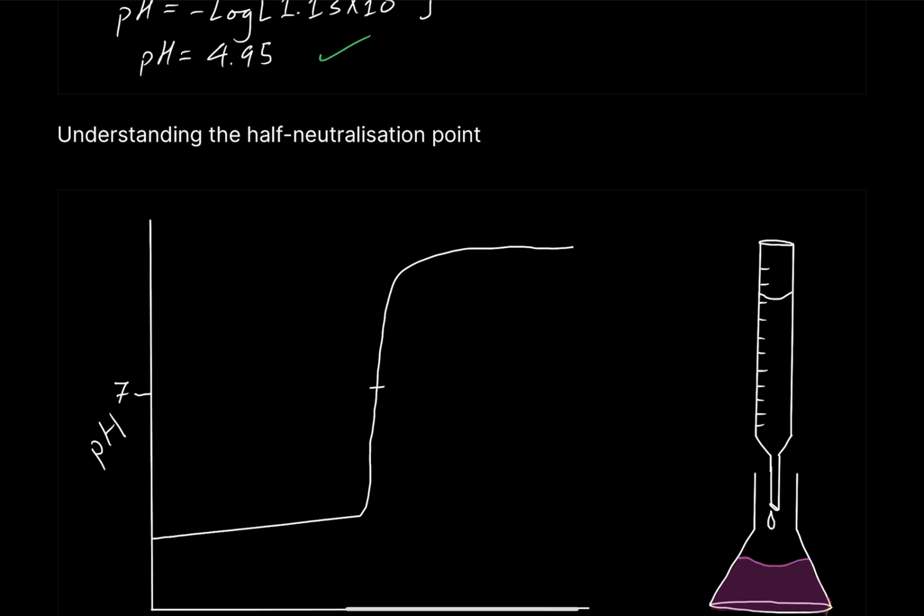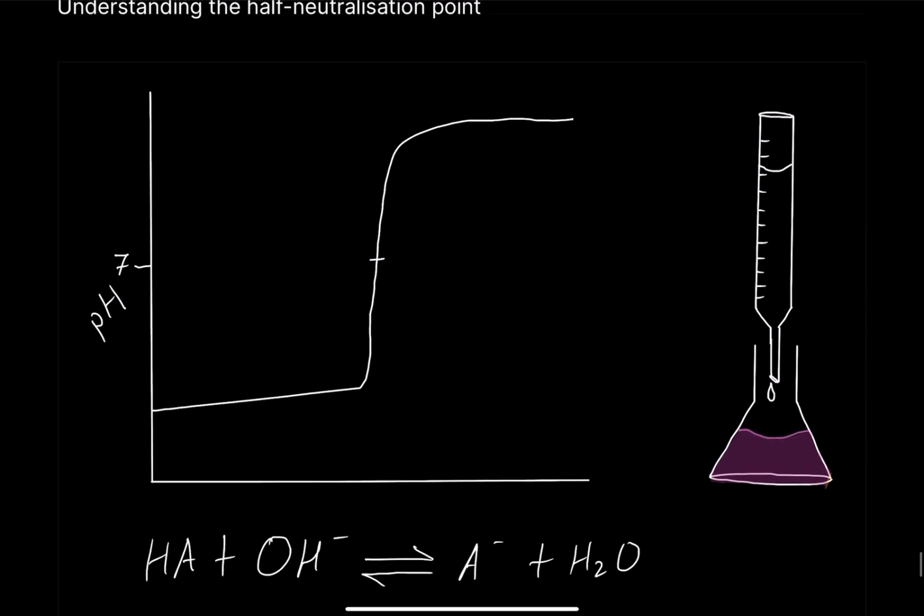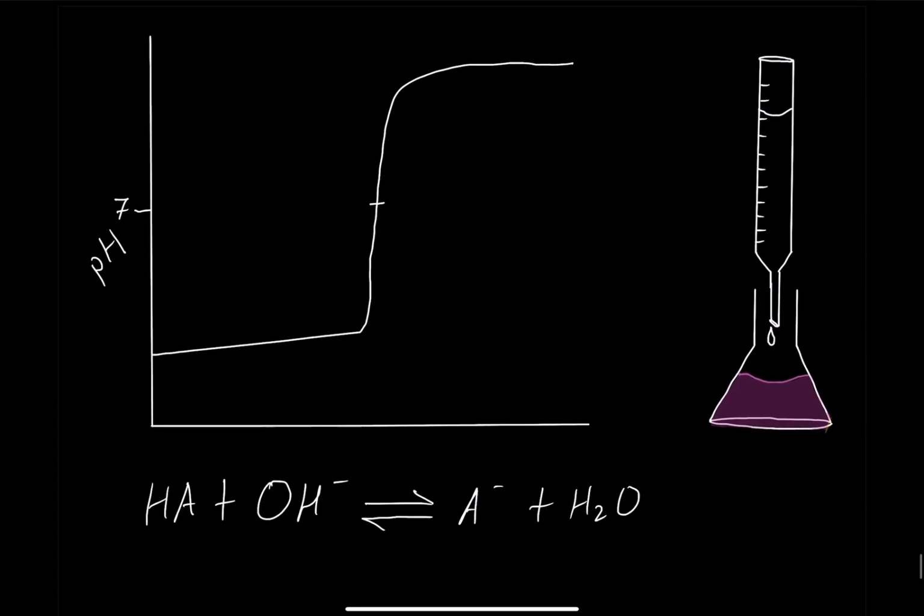So here I've got a titration on the right, and we're titrating an acid with a base. In this burette here we've got some sort of base, OH minus.